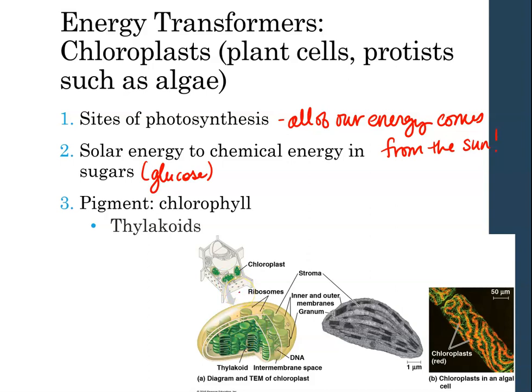Those structures are called thylakoids. Just like the cristae in the mitochondria, those thylakoids are highly pleated to increase the surface area of the sites for photosynthesis, so we can do more photosynthesis in a smaller space.